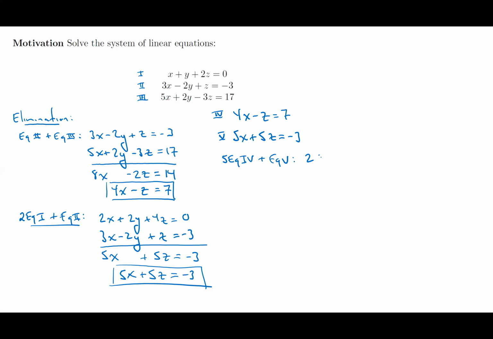That gives me a 20x minus 5z equals 35. And then I have a 5x plus 5z equals negative 3. So 25x equals 32.